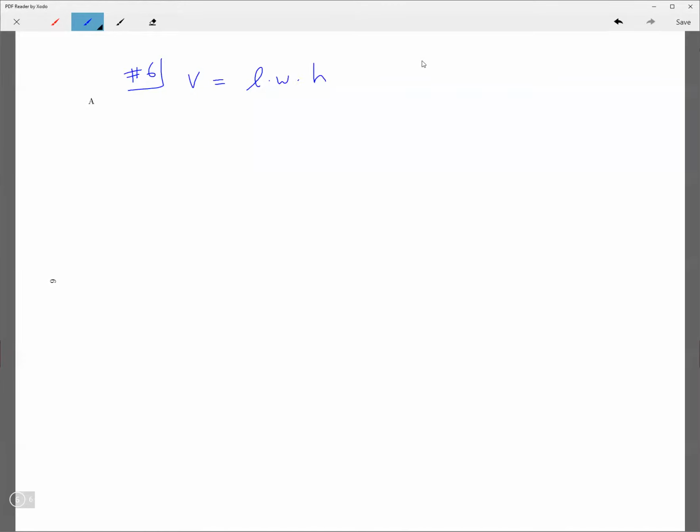So dL/dt is 4, and dW/dt is also 4, and the height is decreasing. dH/dt is -9. At that instant, find the rates at which the following quantities are changing.